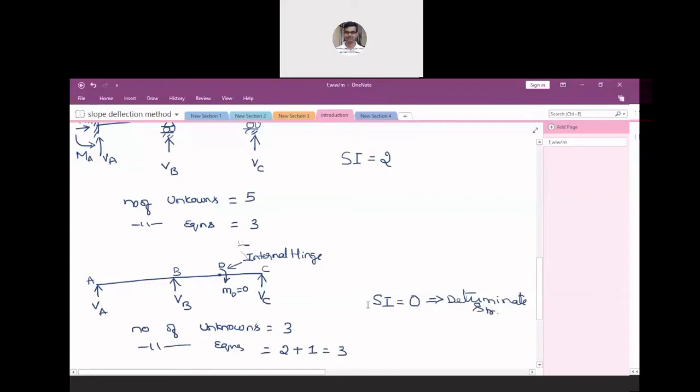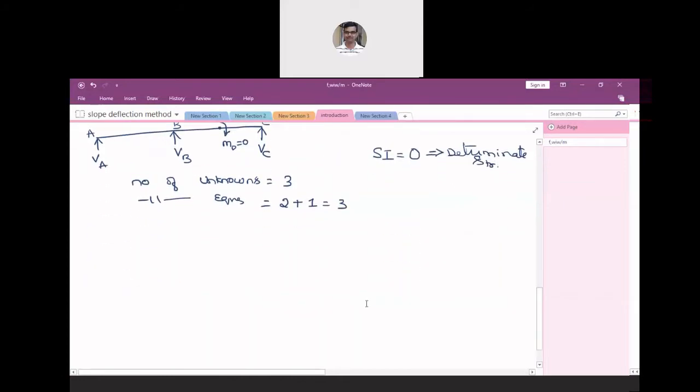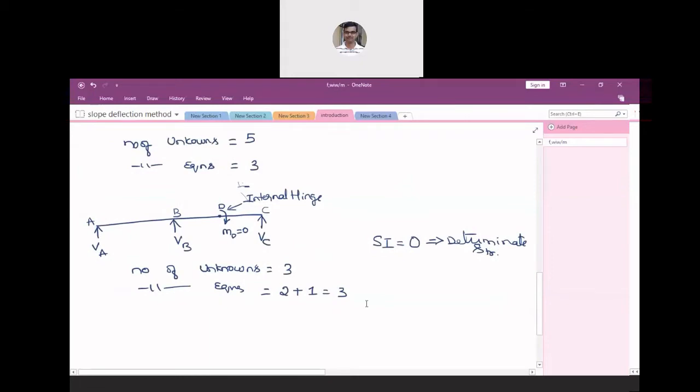Now, whatever degree of indeterminacy we are calculating, I would call it external indeterminacy. Why would I call it external indeterminacy?